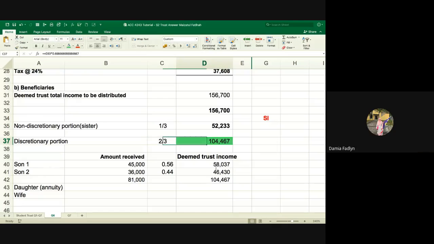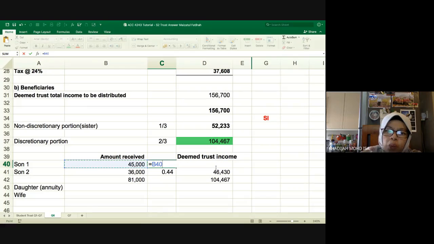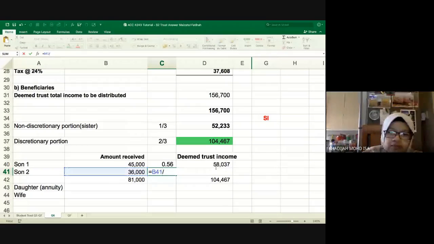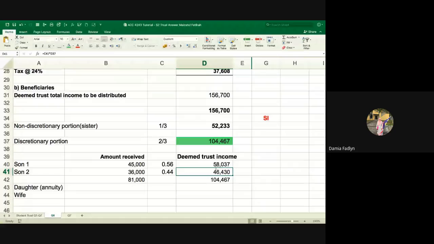And then how I get this is 45 divided by 81. See? Right? Which one can't you get? 0.56 times, maybe cannot use decimal.